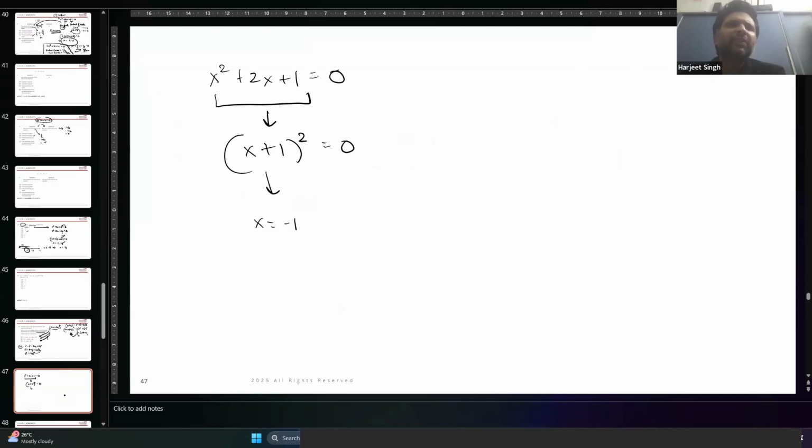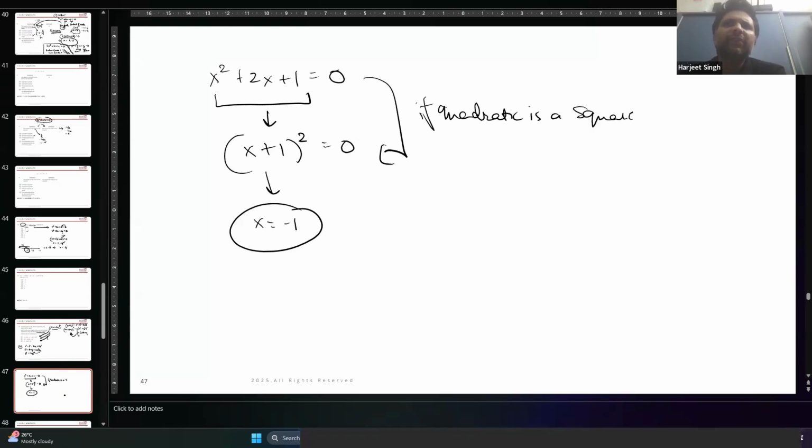So what is the answer here? X equal to -1. So whenever any quadratic can be written as a square, if quadratic is a square, there is only one root. And here it is -1. Similarly, if I write x square plus 4x plus 4 is equal to what?